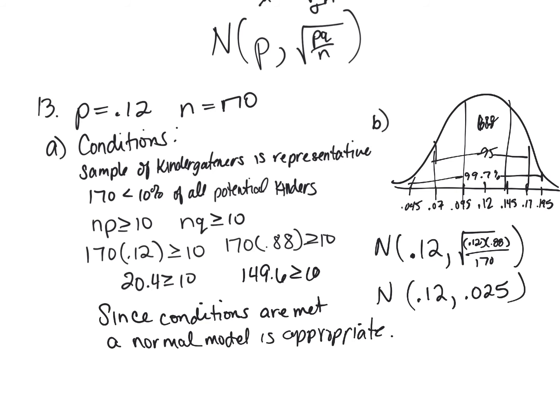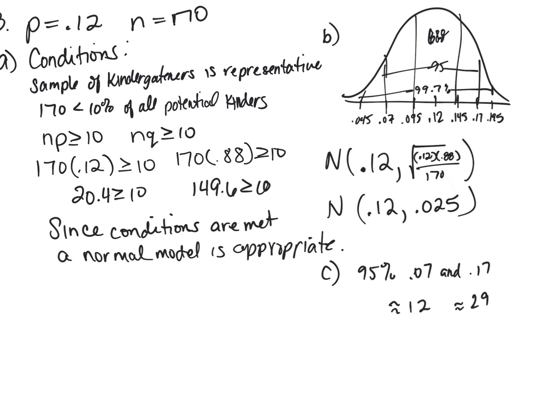But 68% of the time, and it says how many students, right? Not what percent. So 95% of the time, 0.07 times 170 is 12. So between 12 and 29 students, they expect to be nearsighted.